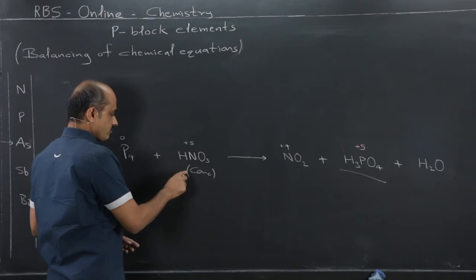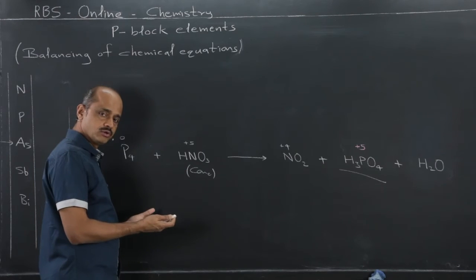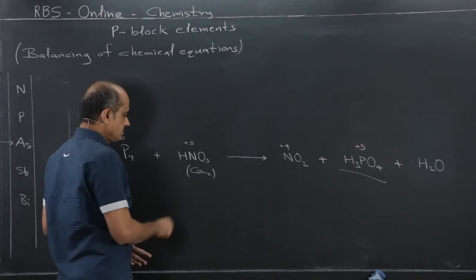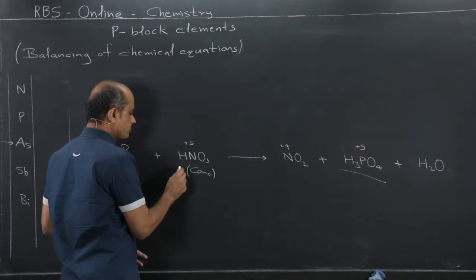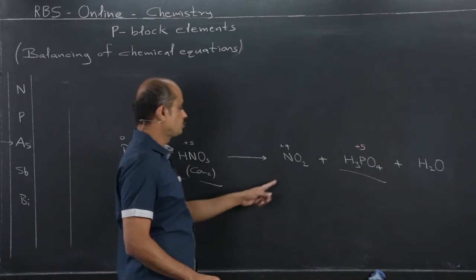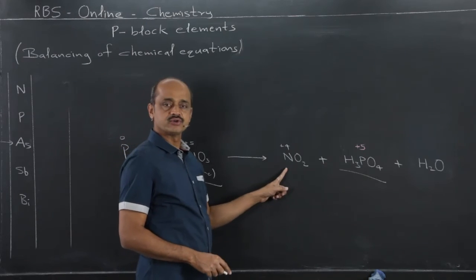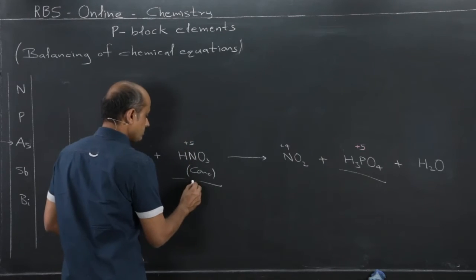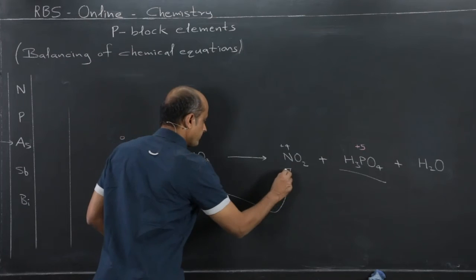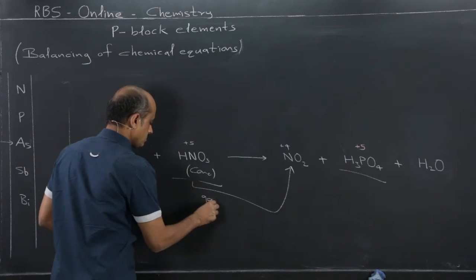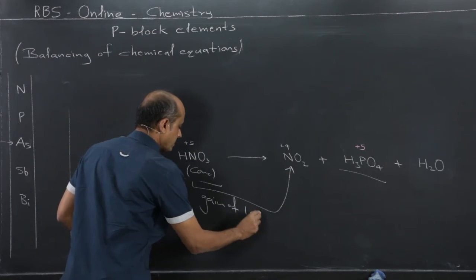Simultaneously, the things are simultaneous, although we study it separately. Plus 5 nitrogen in nitric acid changes to NO2, means plus 5 nitrogen changes to plus 4 nitrogen. So plus 5 changes to plus 4 is gain of 1 electron.